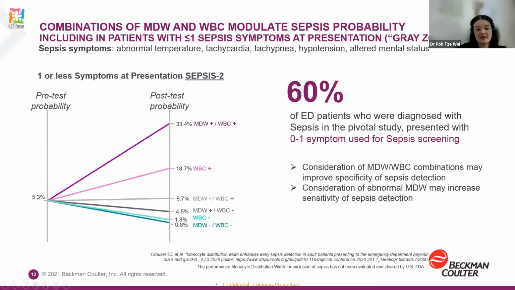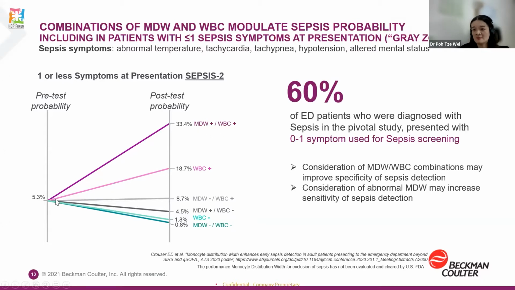So we've looked at the data relating to SIRS and qSOFA. Another way to look at the data is simply based on sepsis symptoms, including abnormal temperature, tachycardia, hypotension, and altered mental status. But the clinical interpretation is really the same. At a pre-test probability of 5.3%, or 5.3% prevalence of sepsis in the study population, the post-test probability, or the actual probability of the patient being septic, increases where MDW is positive.